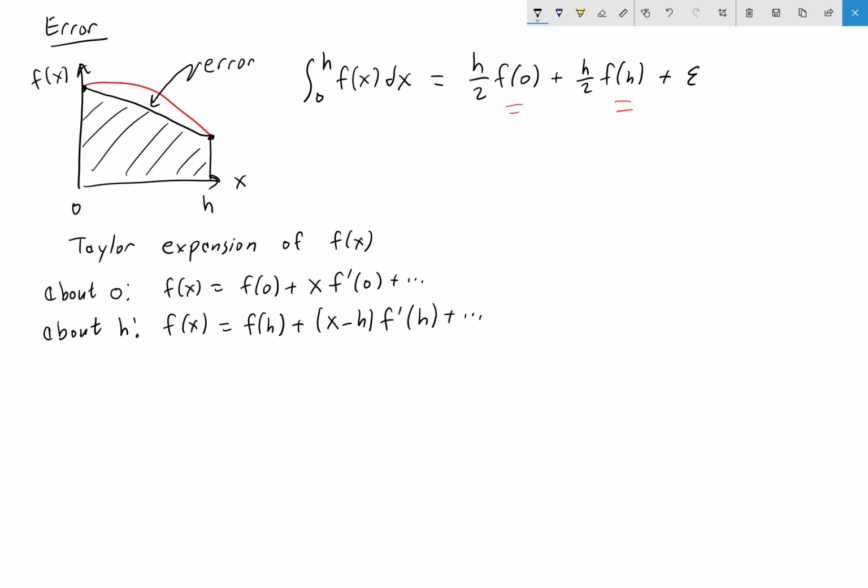And so looking back again up at the top where I have the rule, it looks kind of like I have an average. Looking up here, we've got h on 2 and another h on 2. That kind of looks like an average there. So what I'm going to do here down in my Taylor series is I'm going to average the two of them. Kind of like the average Taylor series.